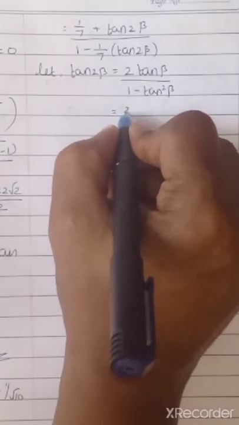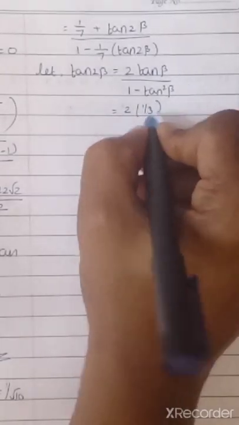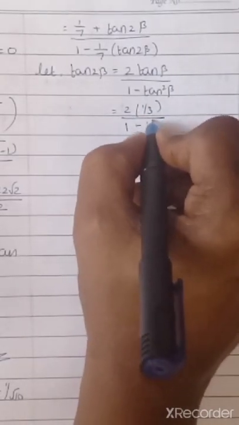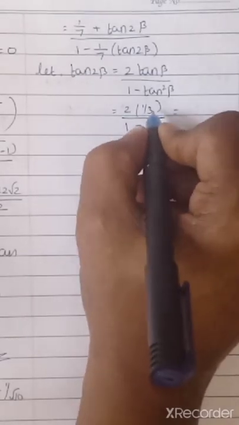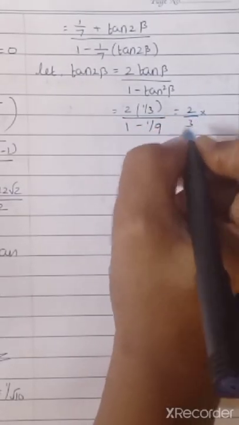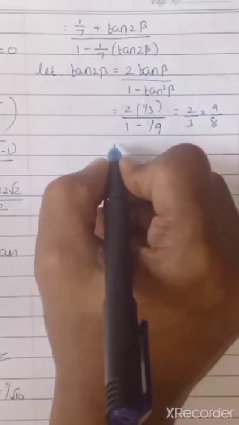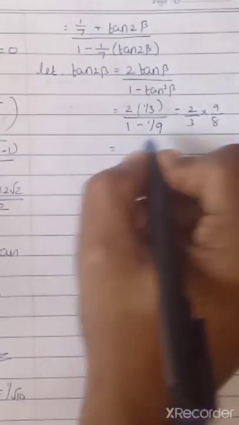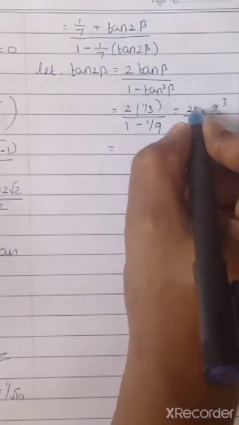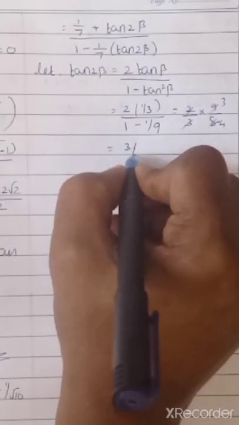That is equal to 2 into 1 by 3 divided by 1 minus 1 by 9, or 2 by 3 into, taking LCM, 9 by 8, which is equal to, cancelling, 3 by 4.